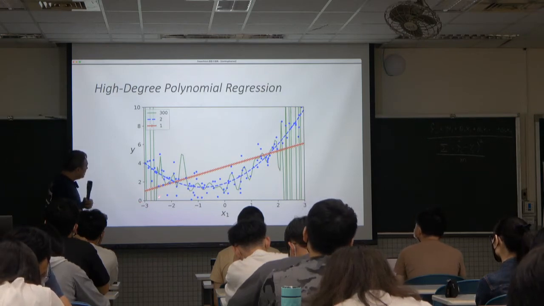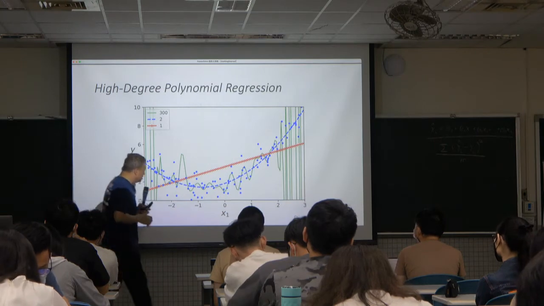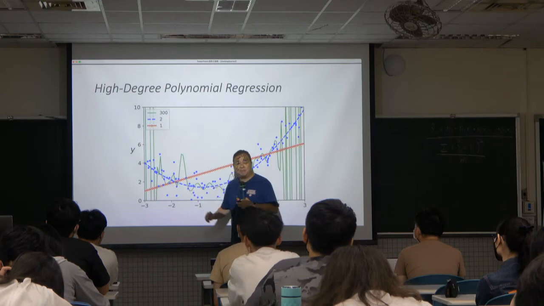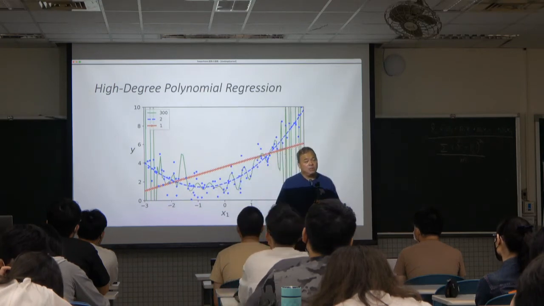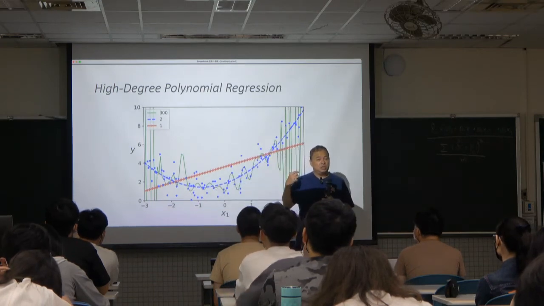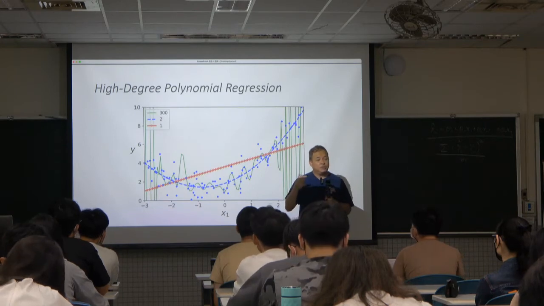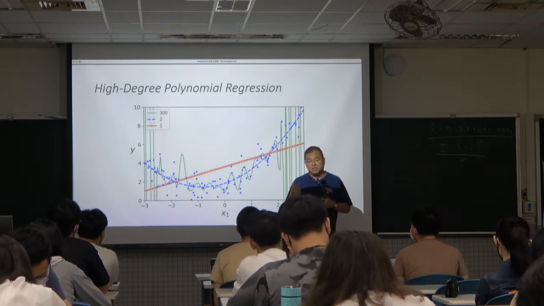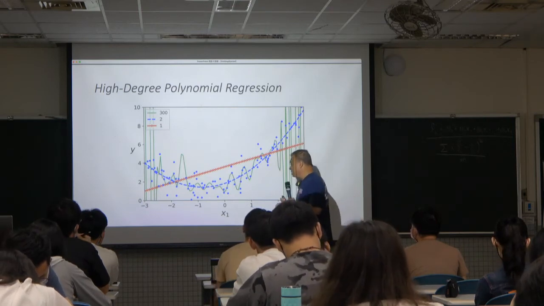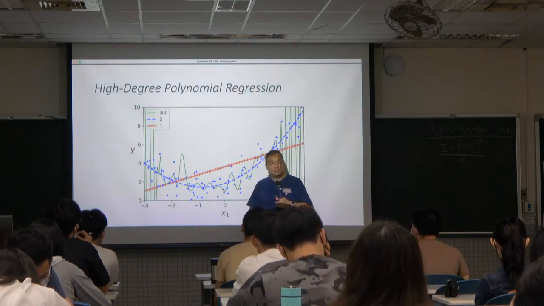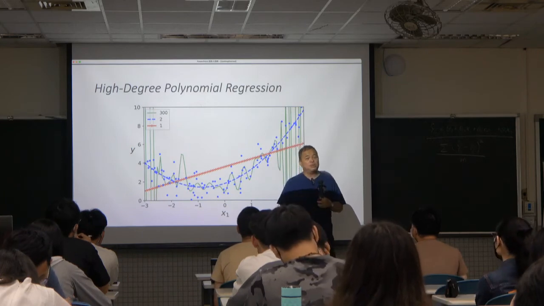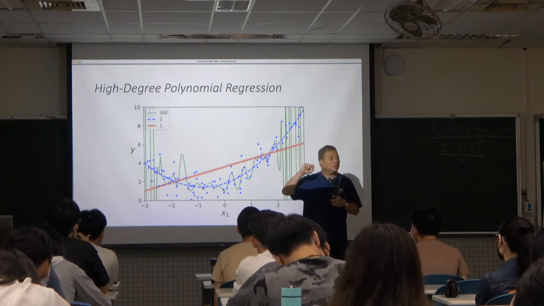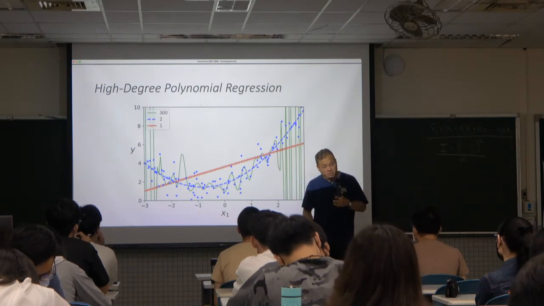Why? Because if you look at the green line, it picks up not only the trend but also the noise. When we generated those points, we intentionally added some noise into it. Those noise should be considered just as background noise, white noise, because we used a Gaussian distribution to add them.